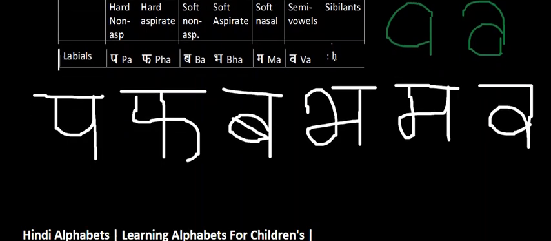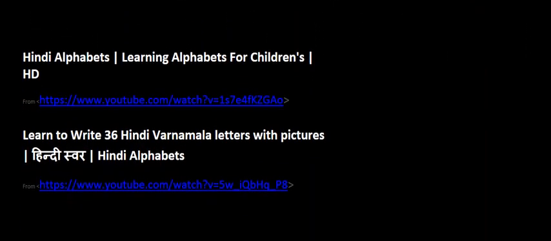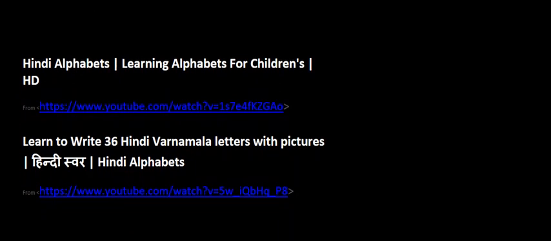And now below here are the links that I was telling you about earlier. What I like about these links is that the person pronouncing these Hindi, these Devanagari alphabets sounds like she is of Indian descent.